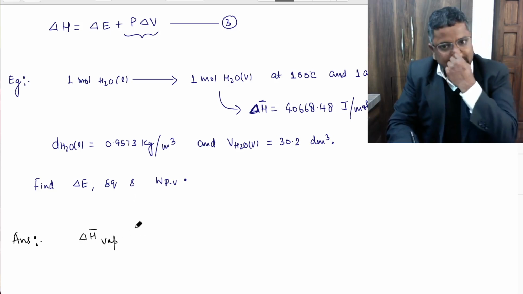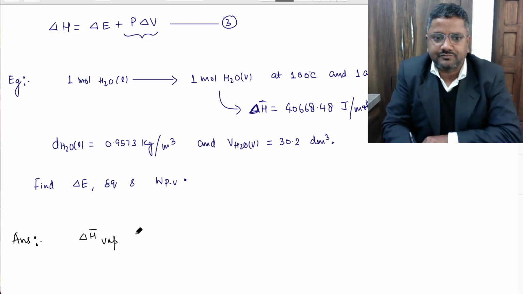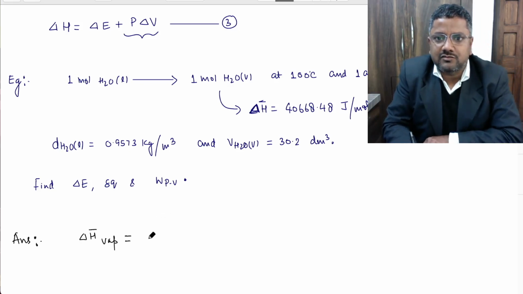This delta H bar, you can say, is for the vaporization process. So delta H vaporization is given, and this is equal to 40.6 kilojoules per mole.